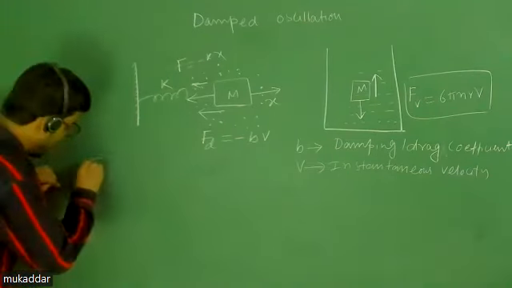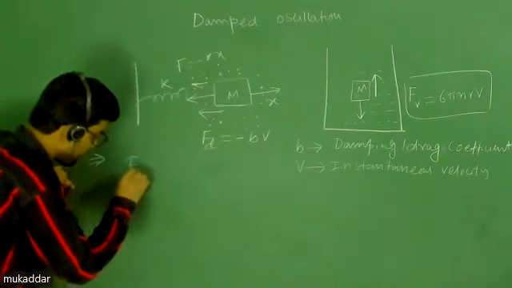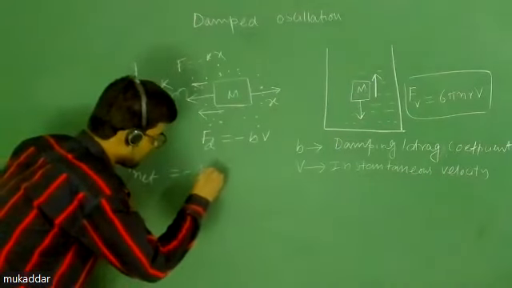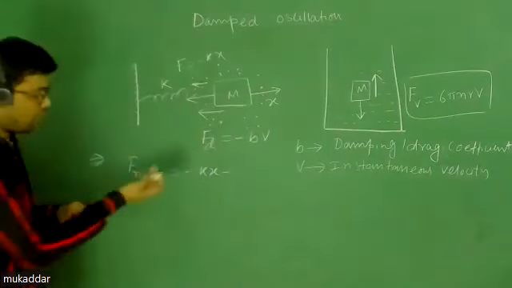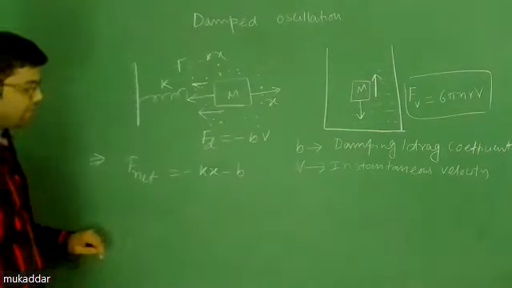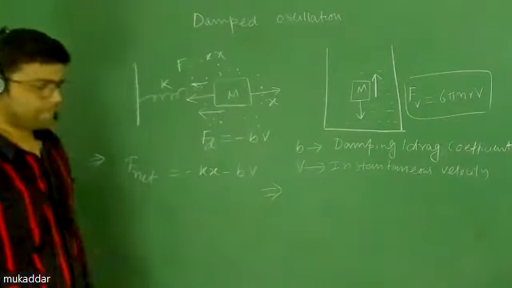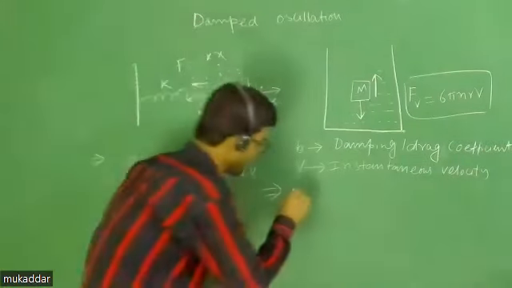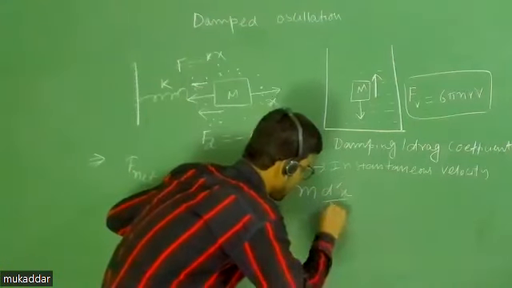Now the net force acting on the block will be minus kx because of the spring, and because of the frictional or drag force, minus b into v. And F net, that is force, is nothing but mass into acceleration, that is m d square x by dt square.